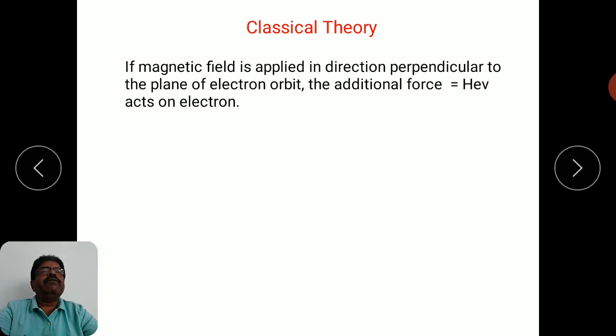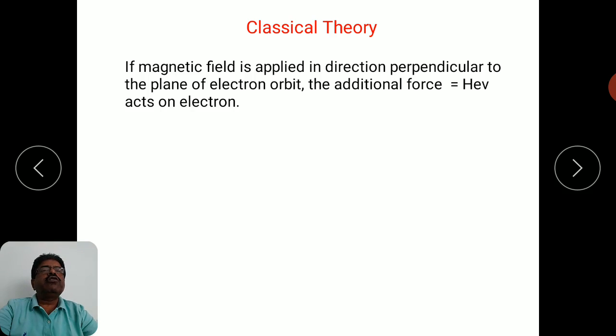If the magnetic field is applied in a direction which is perpendicular to the plane of the electron orbit, as I have shown in the earlier slide, the circular orbit and the direction of magnetic field is in the upward direction and perpendicular to the plane of the orbit, then an additional force H e v acts on the electron.